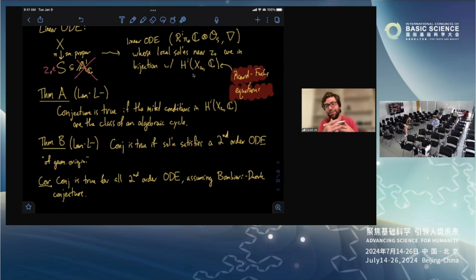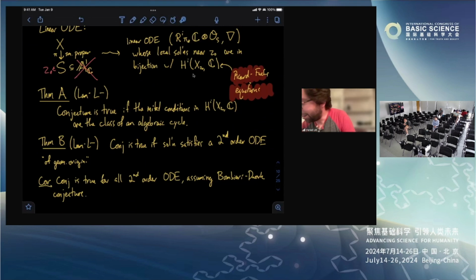So of course, if you have this integrality property, the denominators grow very, very slowly. And so in particular, the Bombieri-Dwork conjecture implies you're in the situation of being of geometric origin. Great. Any other questions?